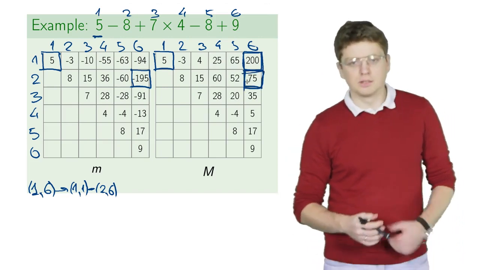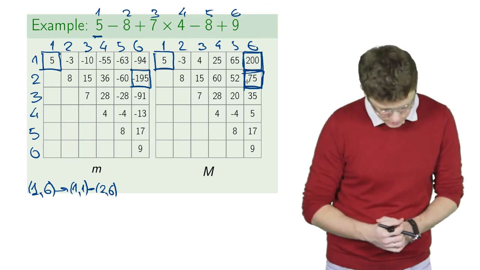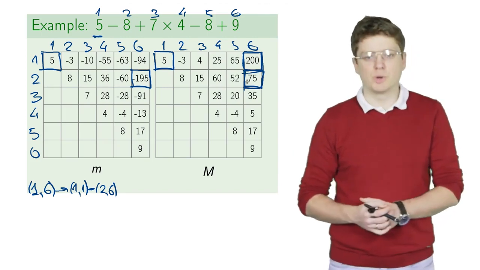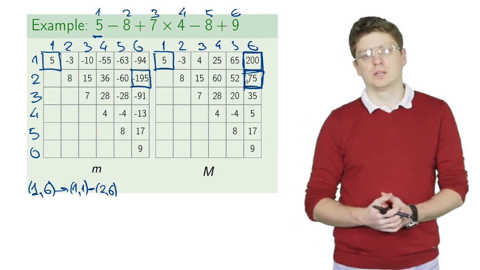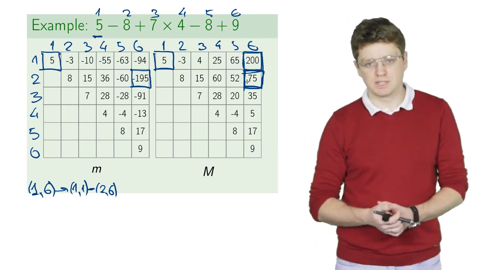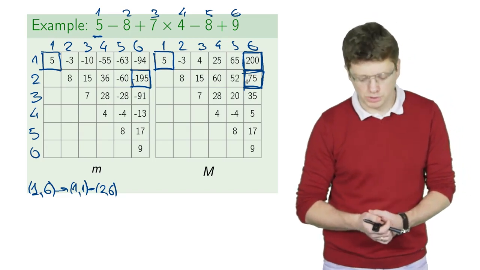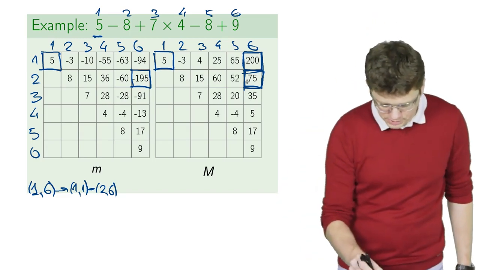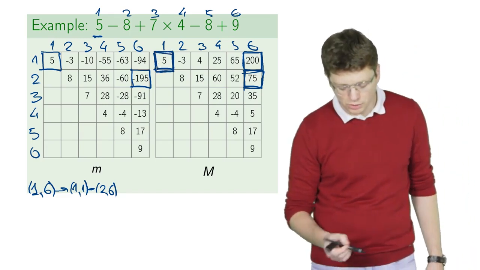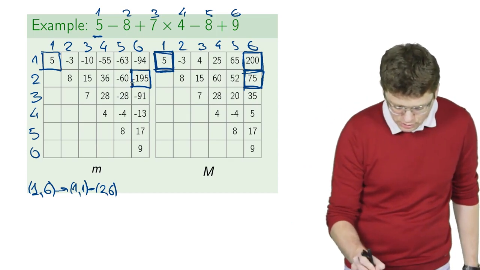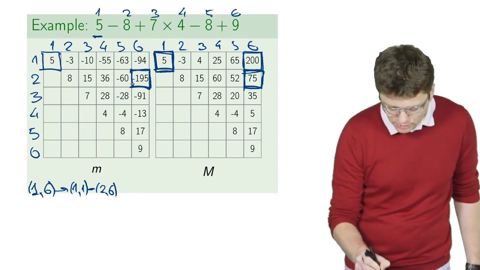So we would like to maximize this sub-expression 1 minus sub-expression 2,6, which means that we would like the first sub-expression to be as large as possible and the second sub-expression to be as small as possible. Well, this means that we need to take the maximal value of the first sub-expression, which is 5, and the minimal value of the second sub-expression, which is minus 195.